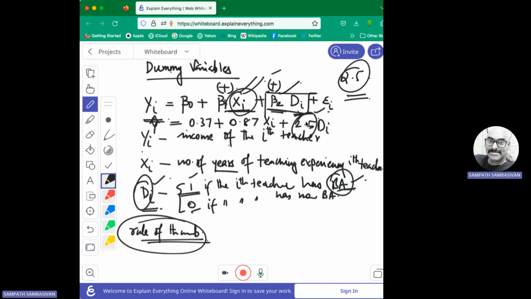So 2.5 would mean that a teacher having a BA degree would earn 2.5 times a higher salary than a teacher who has no BA degree. That is basically how you make sense of the coefficient of a dummy variable. I hope this is clear. I will stop here. There are more things that we can discuss in this regard, which I will continue in the upcoming video.